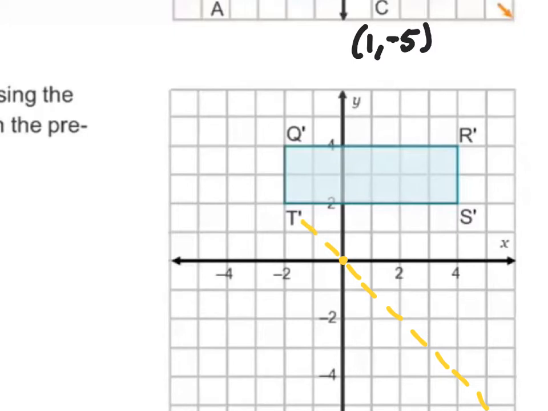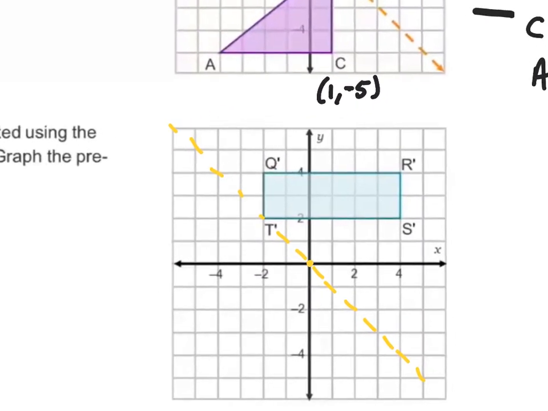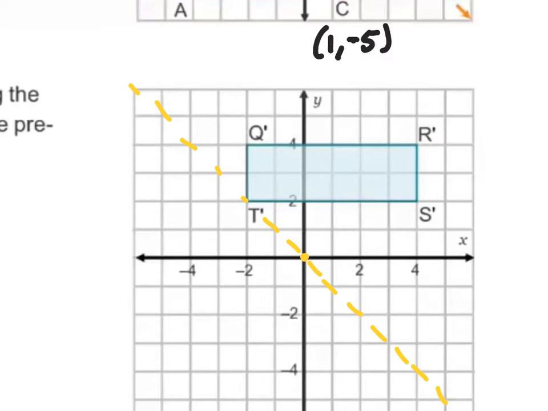And you can do this kind of quickly. You come over here and say this is Q. T is going to stay where it's at. S is going to be right here, and then R is going to be like that.